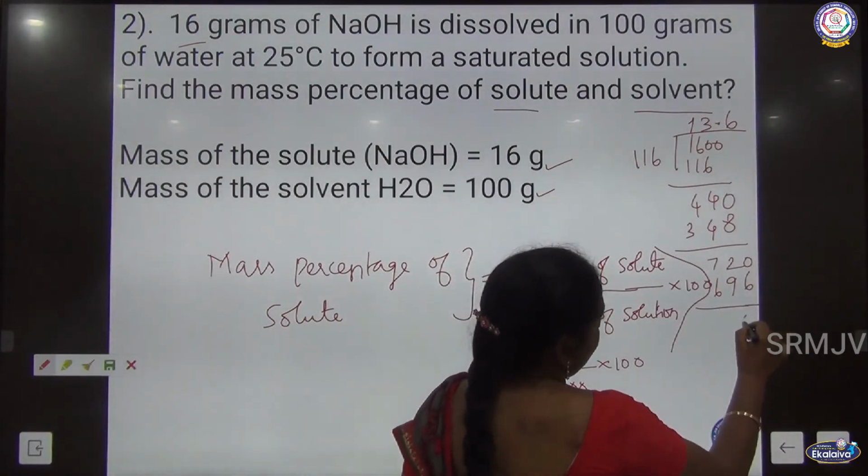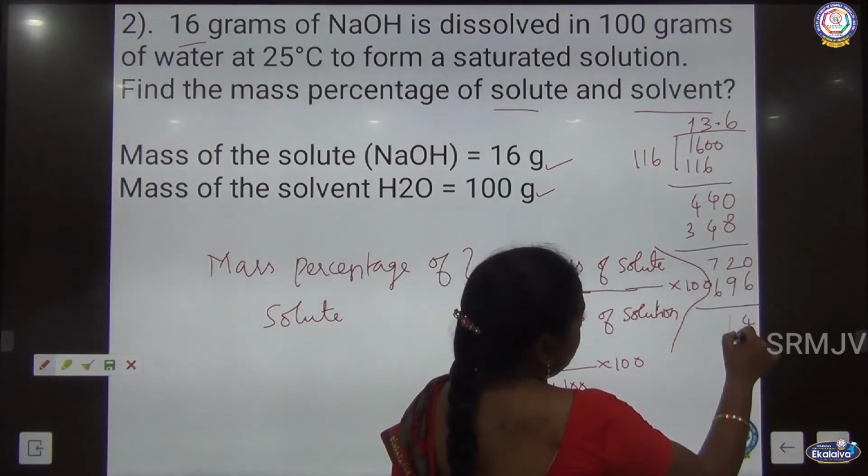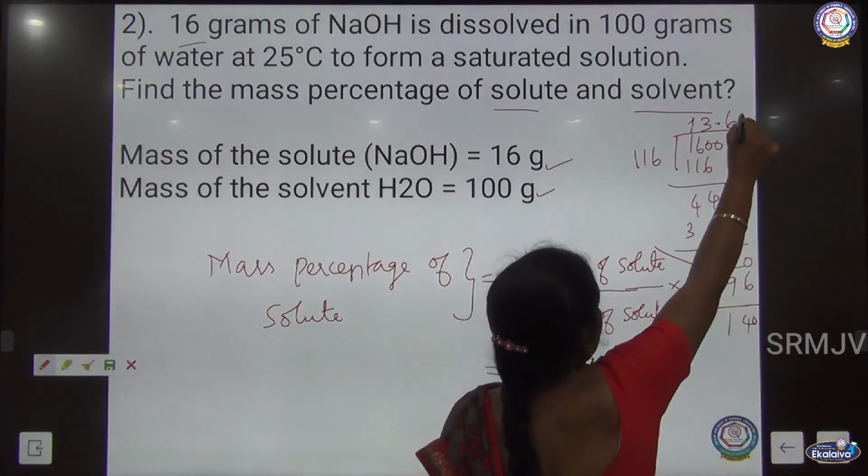So 4, 1 plus 1 2, 140, so how many times? 1 time.